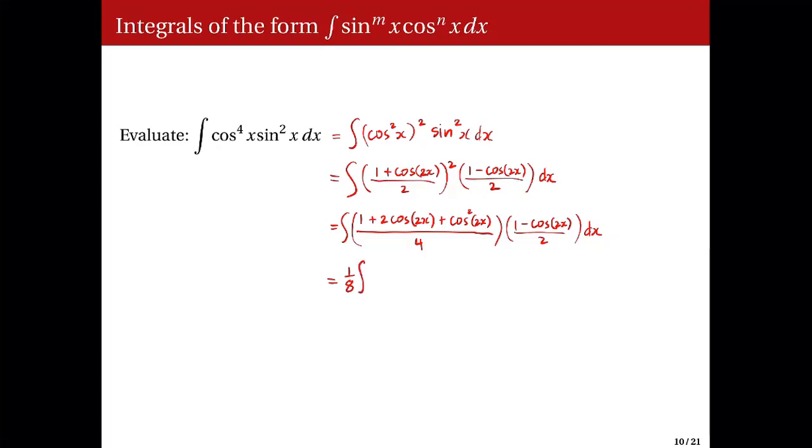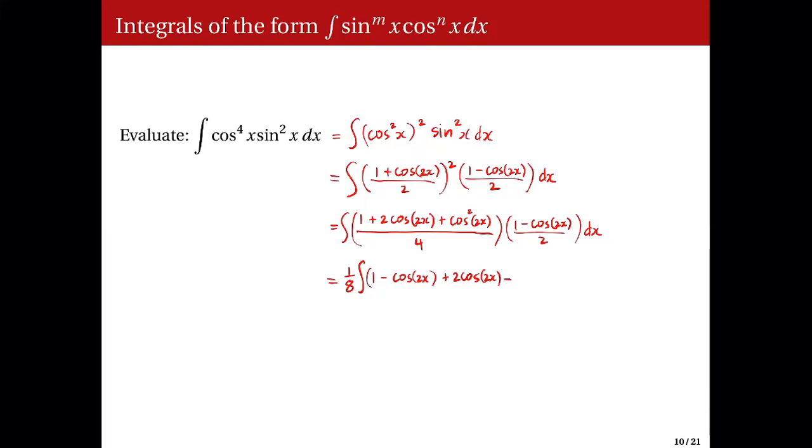And then we have the integral. Here we have 1 times 1, that's just 1, plus 1 times negative cosine 2x. So we'll have minus cosine 2x. Then here you have plus 2 cosine 2x times 1. So plus 2 cosine 2x. And then 2 cosine 2x times negative cosine 2x.